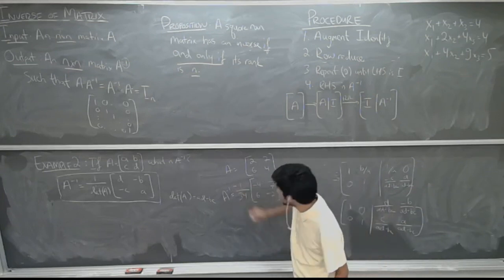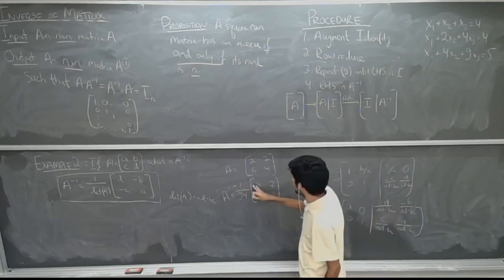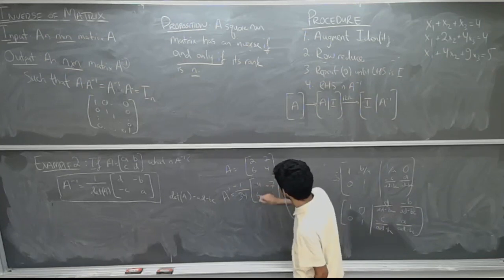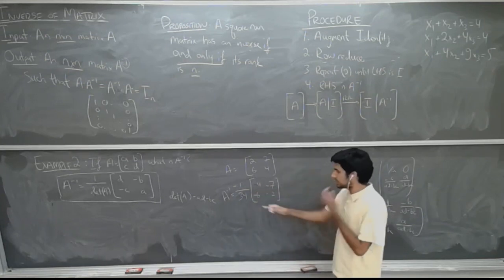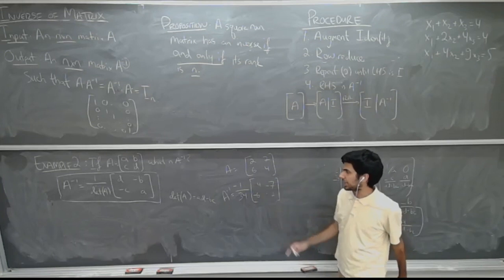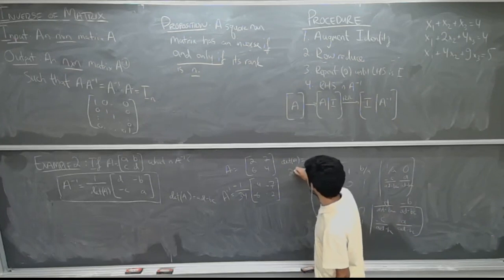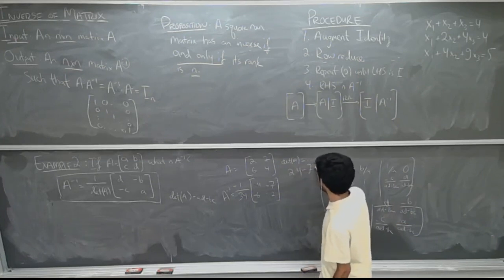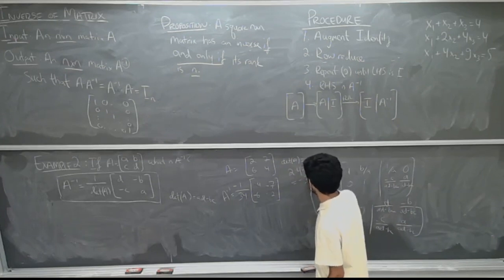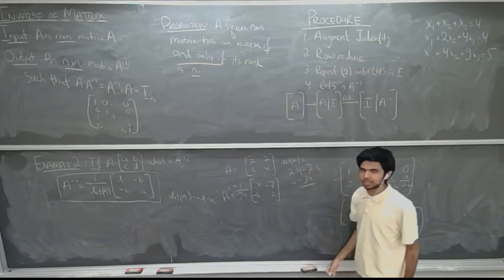So maybe this should be negative 1 over 34, and then change these around. And indeed, that's exactly what we need to do to match that, because the determinant of this is equal to 2 times 4 minus 7 times 6, which is equal to negative 34. And now we've matched it.